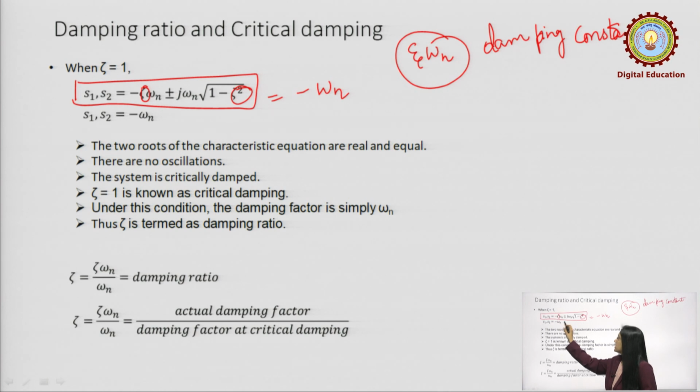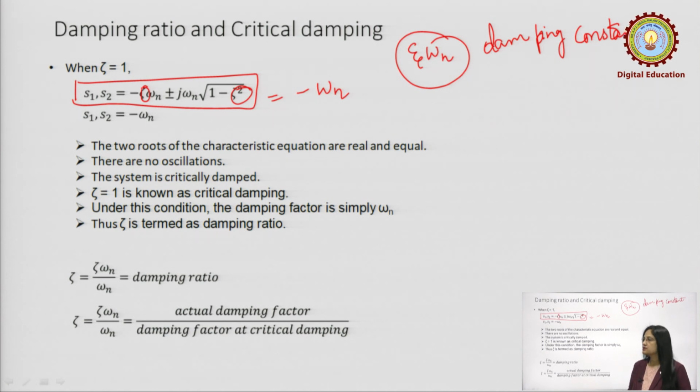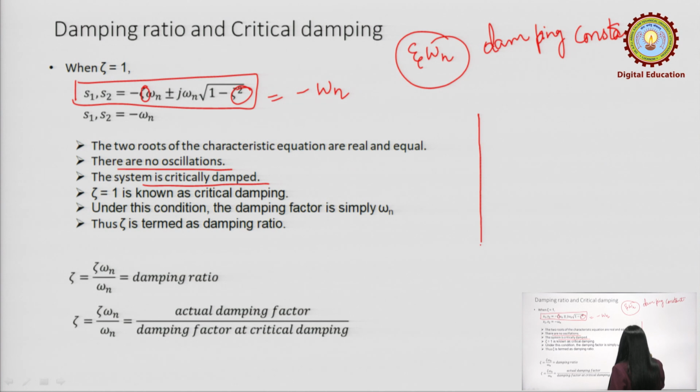What does this signify? We do not have the j quantity here, that is, the imaginary part is 0. Imaginary part 0 clearly indicates that there is no oscillation. There are no oscillations in the response and the system is critically damped. Now, what is the meaning of no oscillations?